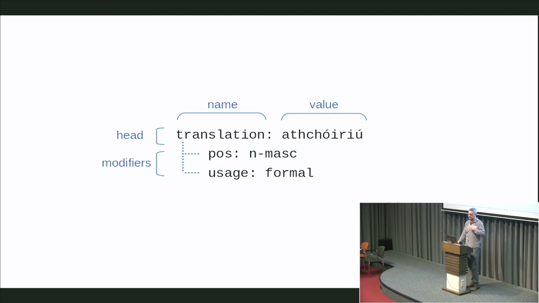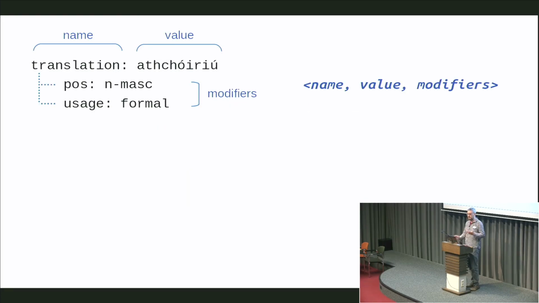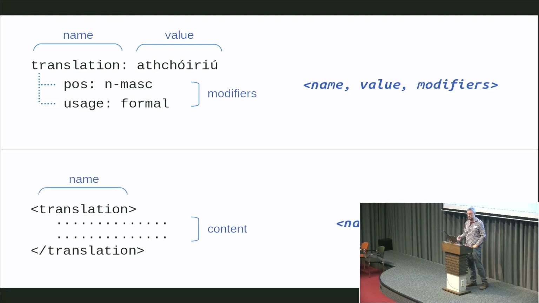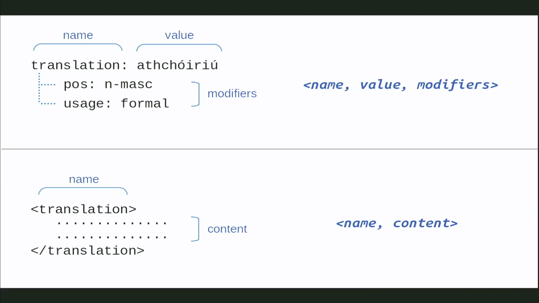So the ideal meta model to represent this in any kind of notation would be like a triple, like a group of three things, a name, a value, and a list of modifiers, which is basically a possibly empty list of other such triples. Okay, so this would be the ideal meta model for a language in which we could represent this. But in XML, everything is a tuple, not a triple, really. You know, everything is a group of two things, a name and some content.